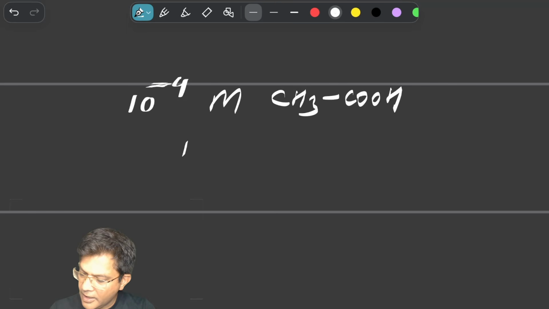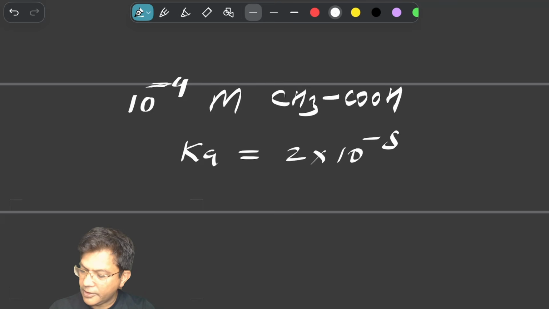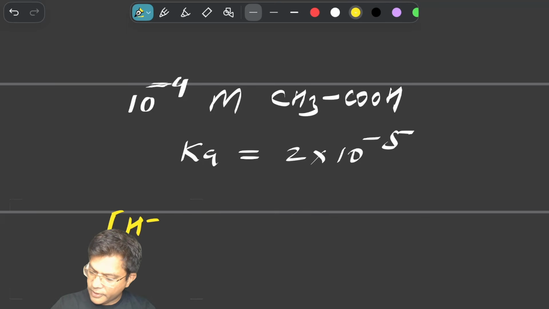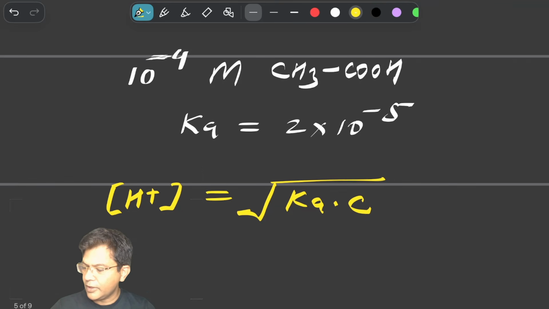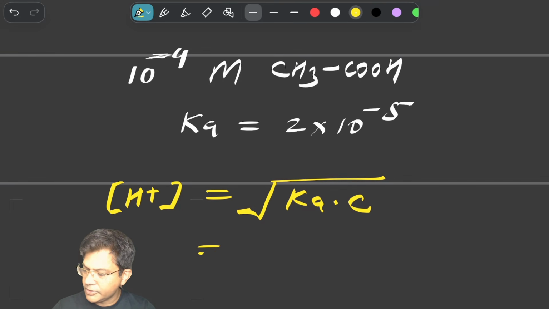So Ka is equal to 2 into 10 raised to power minus 5, or they can give you 1.8 into 10 raised to power minus 5. Now, our target is to find the H plus concentration. I have told you that H plus concentration is equal to the sleeping line, root of Ka into C.